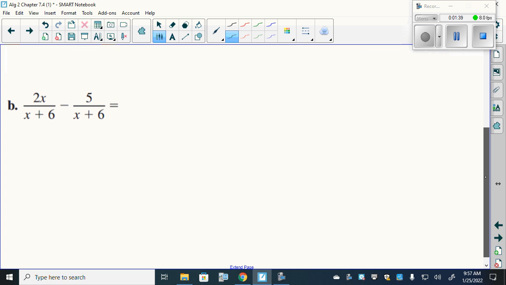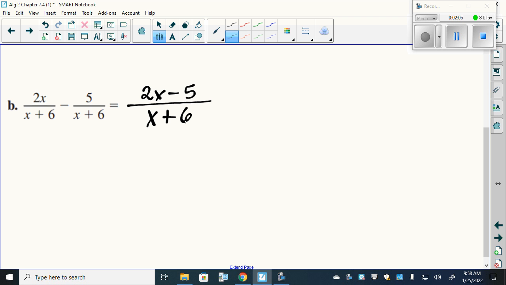All right, let's look at the next one. So the denominators are the same, so we can subtract the numerators. So it'd be 2x minus 5 over x plus 6. Now this time we do have x plus 6 in the denominator, so we do need to see if the numerator will factor at all.